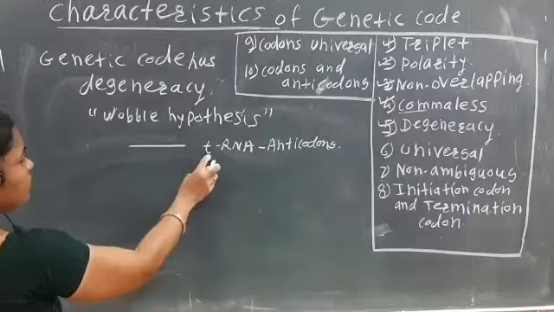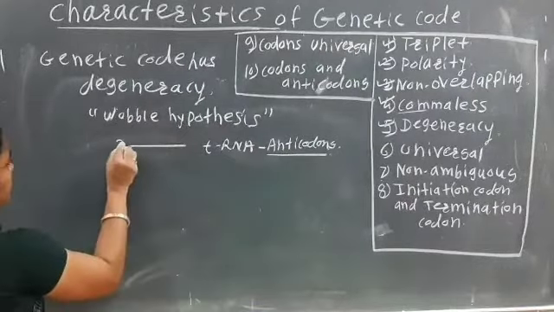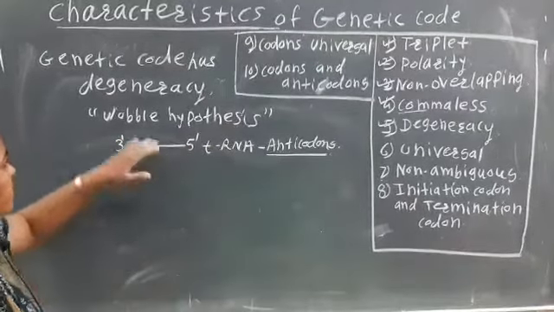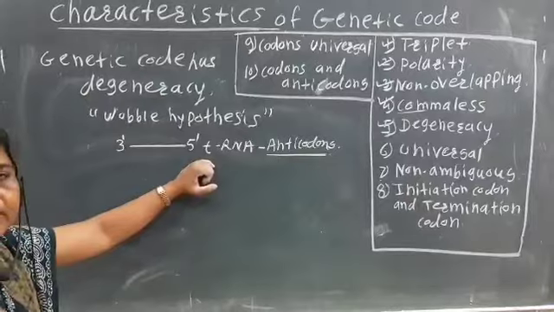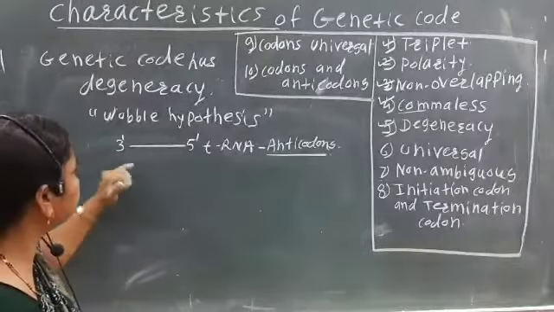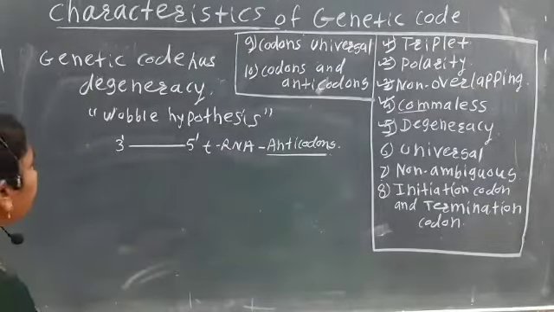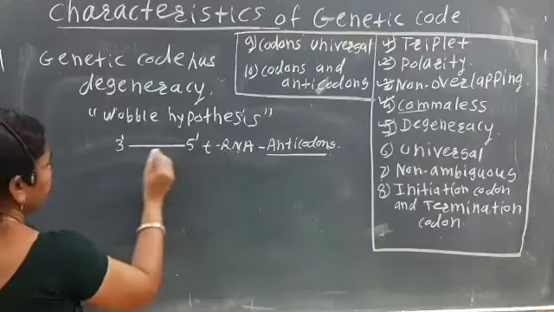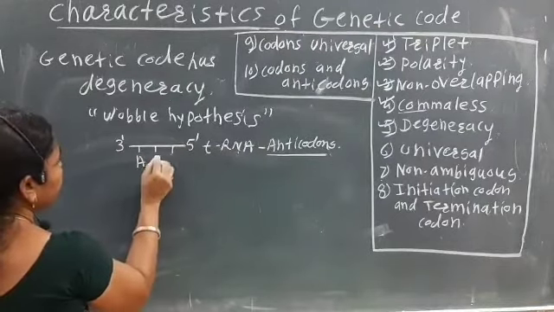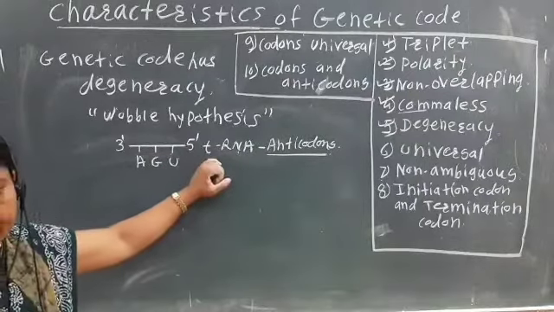So on the tRNA the anticodons are mainly read from the 5 prime end to the 3 prime end. म्हणजे आपण जेव्हा tRNA वरती कोडॉन अँटीकोडॉन्स रीड करतो, these are read from 3 prime end to the 5 prime end. For example, on the tRNA the anticodons are A, G, U.